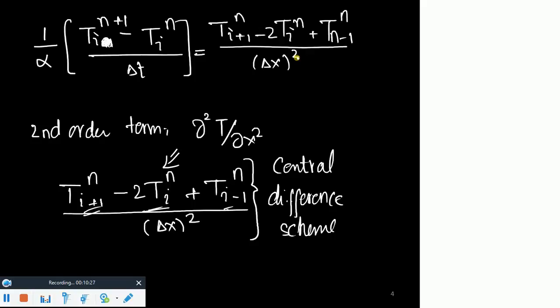Now just look at one very clear thing. On the left hand side, what is the index which is changing? N. Why? Because it is time derivative, so n index was changing. On the right hand side, it was derivative with respect to x. So what index is changing?